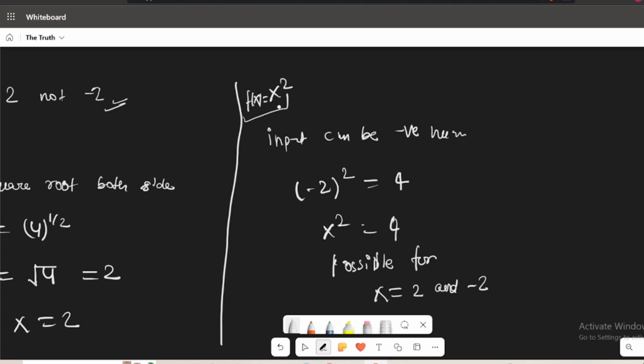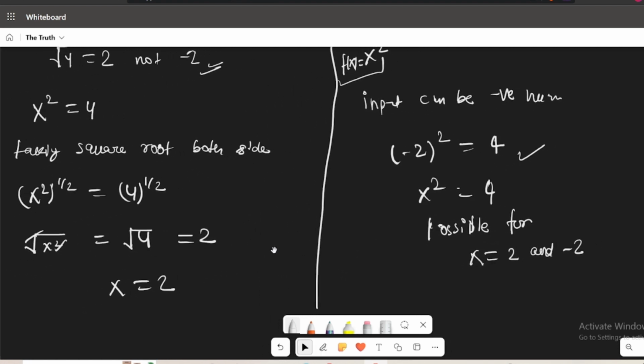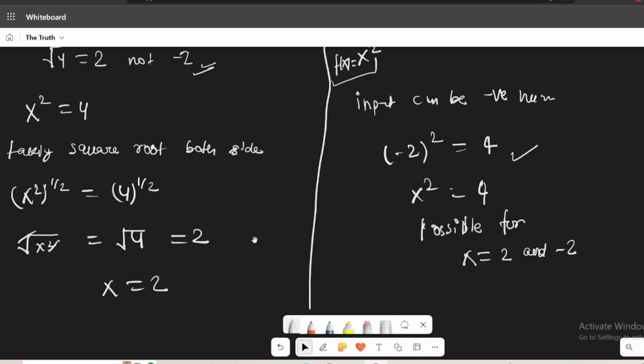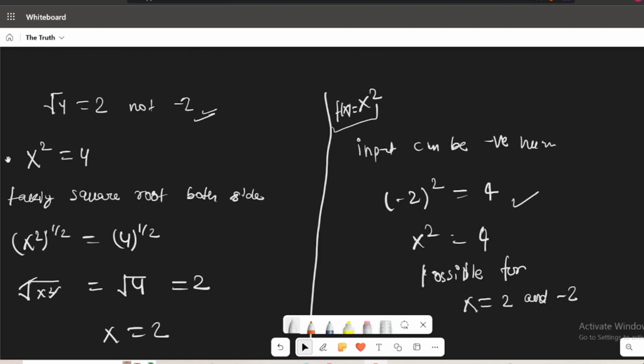You are getting x square equal to 4 for both, right? You can see over here. So why are we saying that x equal to 2 only on the left-hand side that we have done? Over here also we are doing x square equal to 4, and we are saying that x equal to 2 is the only possibility, right? Because we cannot get the negative number over here.